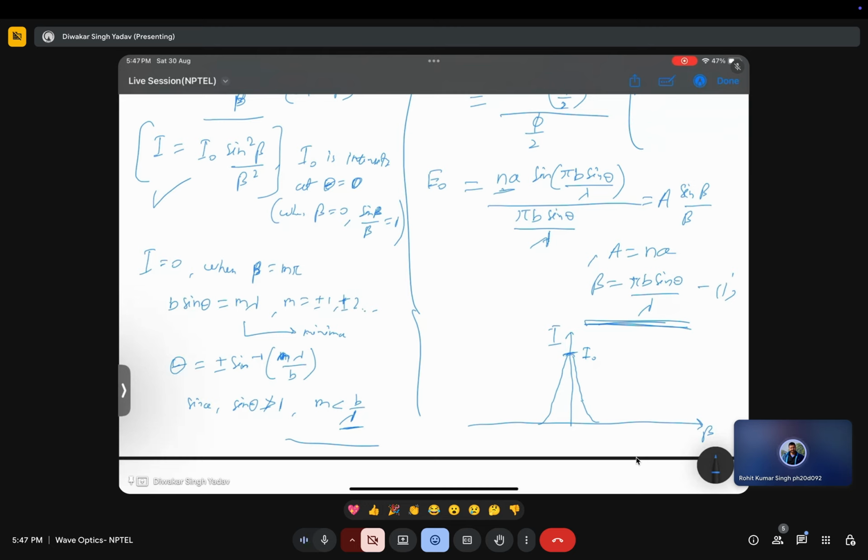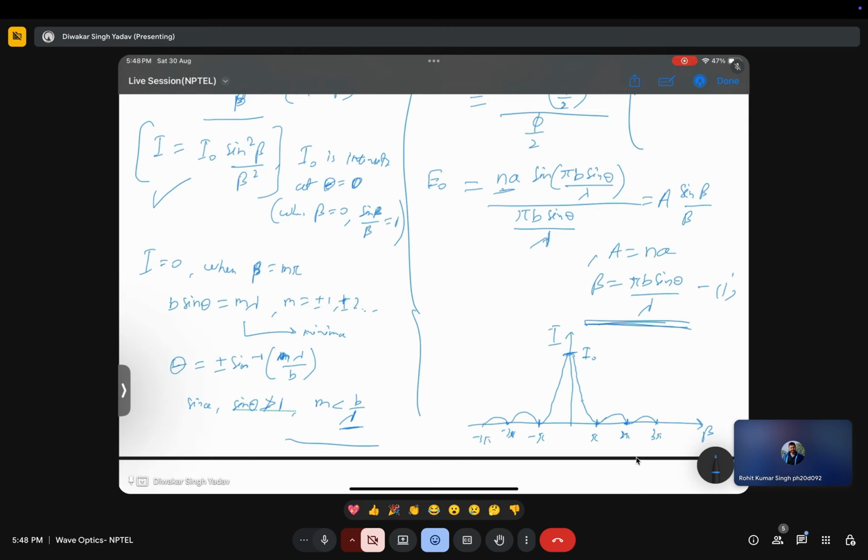And then you have minima at pi and minus pi. Then again you will have some maxima, then at 2 pi you have minima, then again 3 pi and so on. It will go on and on. Similarly on this side also, minus 2 pi, minus 3 pi.